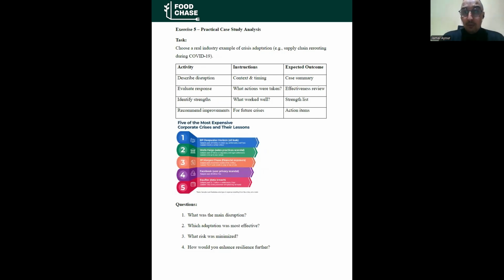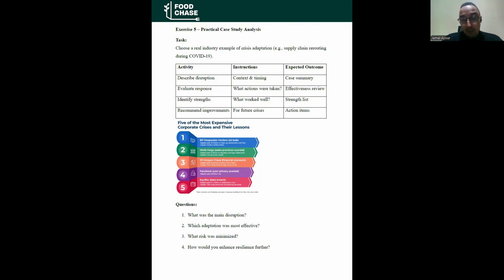For exercise number 5, practical case study analysis, the task is to choose a real industry example, for example the dairy industry or vegetables, or you have a choice to select your product and your industry, and an example of crisis adaptation, for example, supply chain rerouting during COVID-19. Then we apply the activities of the table: description of your disruption, evaluate response, identify strengths, and recommend improvements for your situation.